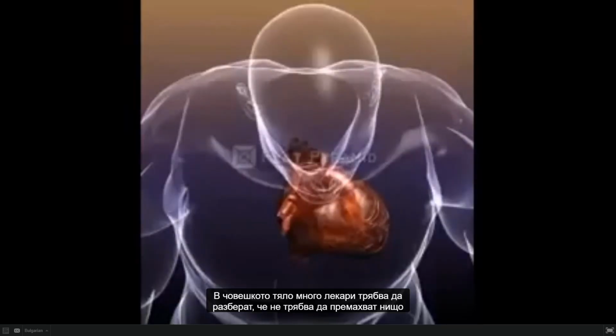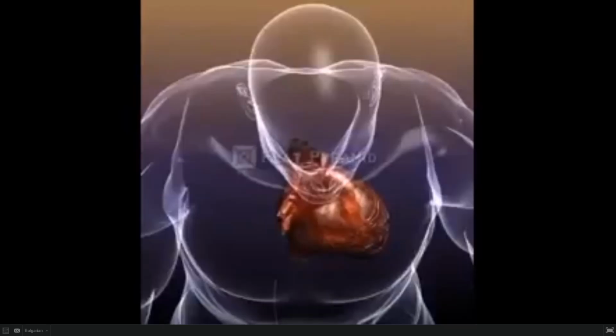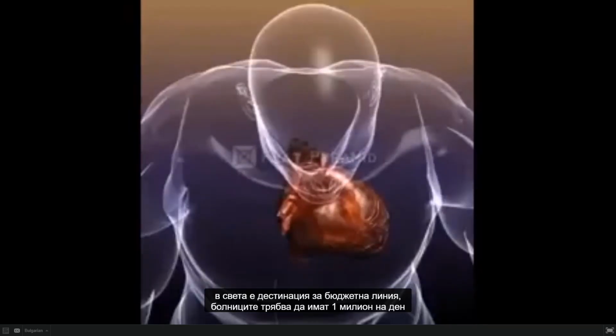In the human body, a lot of doctors have to understand: do not remove anything unless it's 100% essential. At the moment, the medical work in the world is a budget line destination. A hospital has to have 1 million a day, otherwise it loses money.